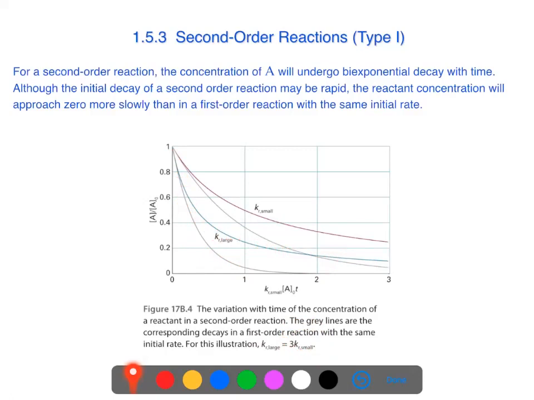And so that's a distinguishing feature of second order reactions compared to first order reactions. The initial decay is similar to a first order reaction in some respects, in that they're both rapid, but at longer times you see a much slower decay in the concentration of the reactant, such that it takes a significant amount of time to reach a concentration of 0.